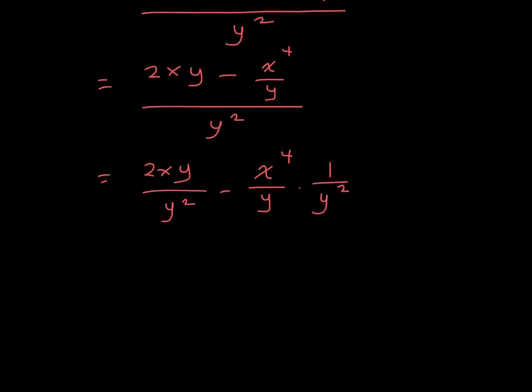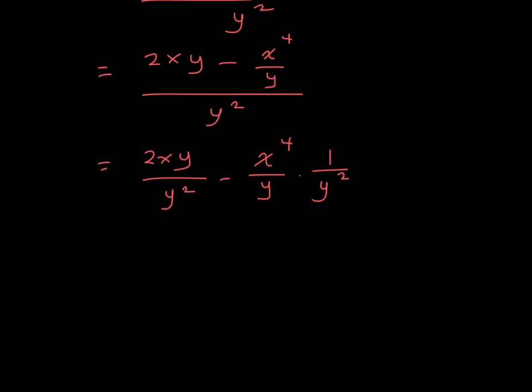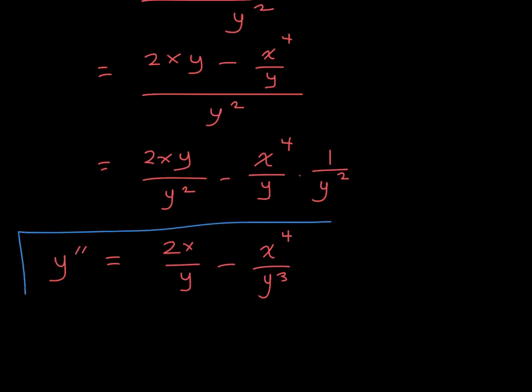So then y double prime simplifies as 2x over y minus x to the fourth over y cubed. This is y double prime. Isn't that great? And this was implicit differentiation.